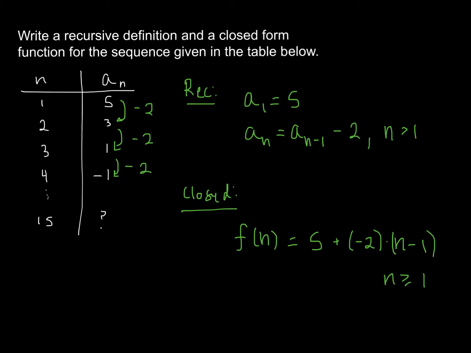But when n is 2, I'd like to subtract one of them. So when n is 2, 2 minus 1 means exactly one 2 is being subtracted, and that will give me exactly what I'm looking for. And of course, this will work for n greater than or equal to 1, because I can use this now to find the first term.